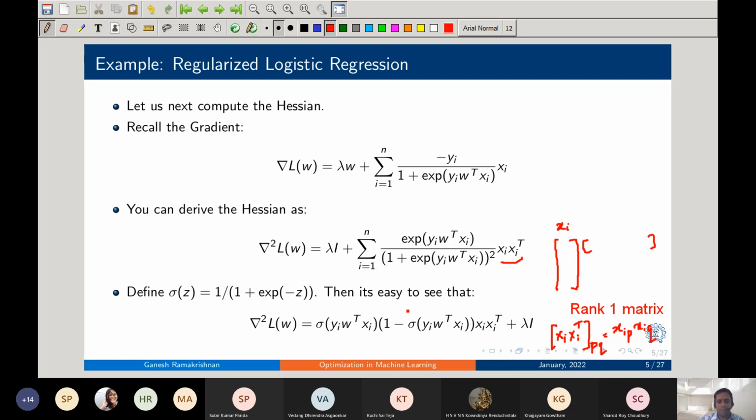When you take the Hessian and look at the pq term, the Hessian's pq term is nothing but the double derivative of the loss with respect to wp and wq.